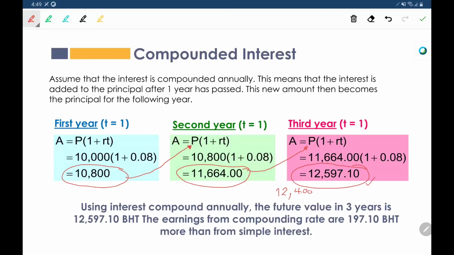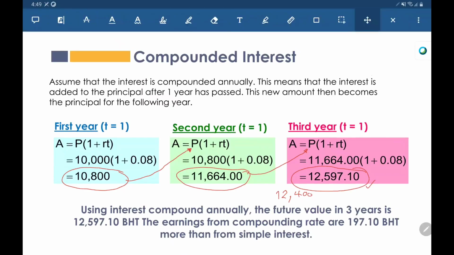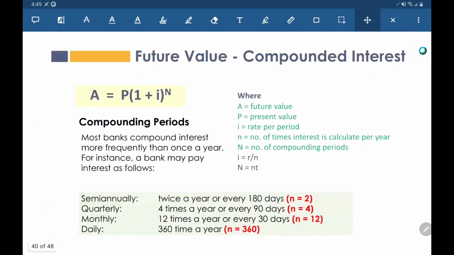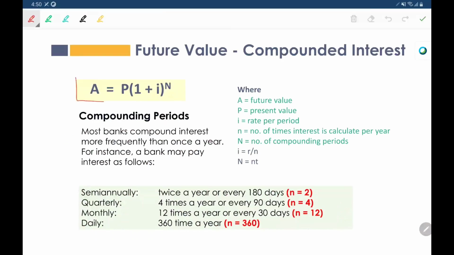How about the future value in the case of compounded interest? For future value, you can find the future amount of money from this formula. A is the future value, P is the principal, and small i here is the rate per period divided by the number of times that the interest is calculated per year.